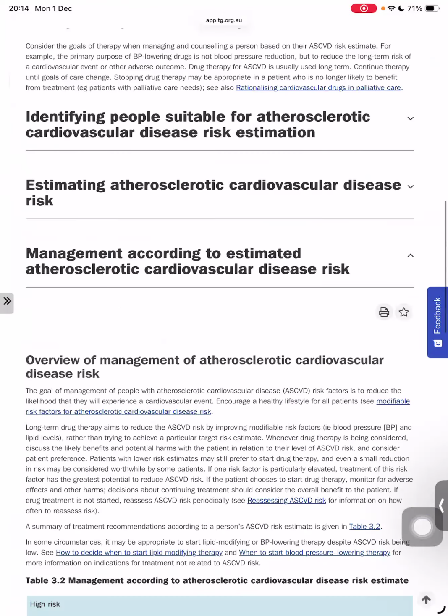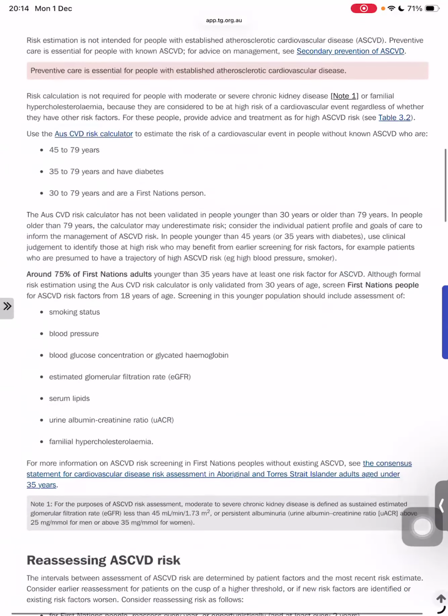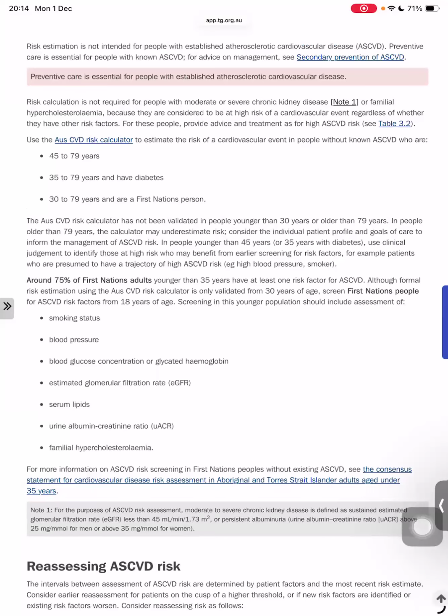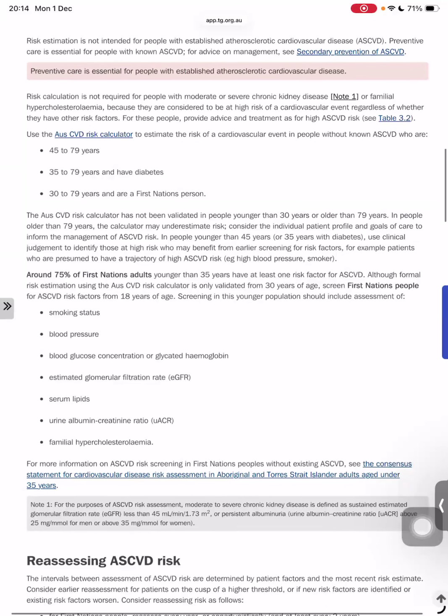Okay, I'll show TG. Here, who we should assess: 45 to 79 years, as we all know, without cardiovascular event. From 45; from 35, if the patient has diabetes. From 30, First Nation people like Aboriginal people, we have to start the risk assessment from 30.